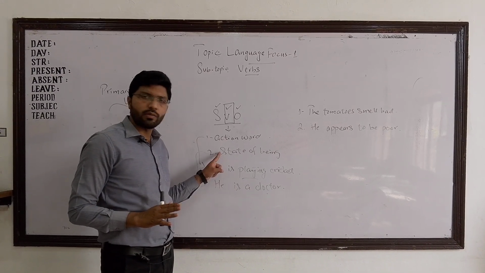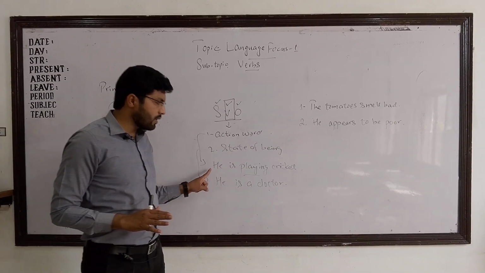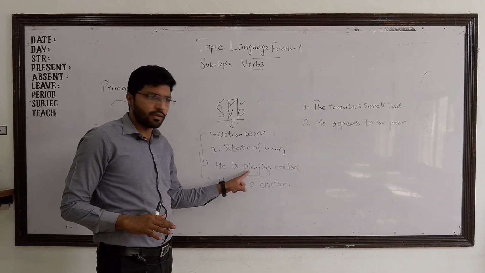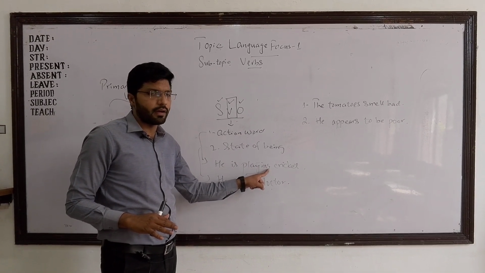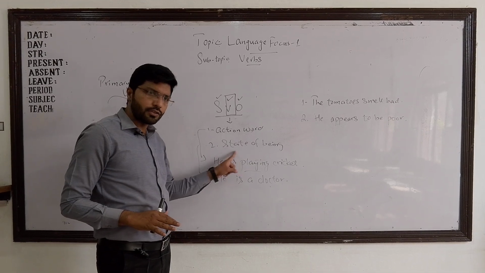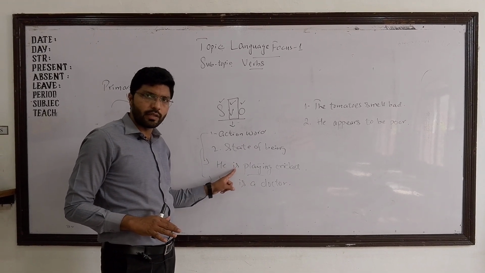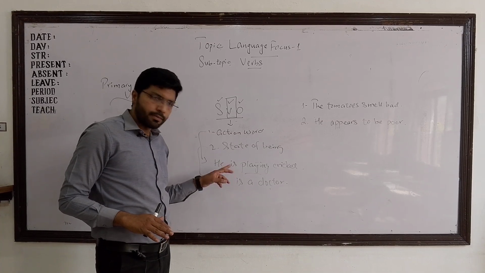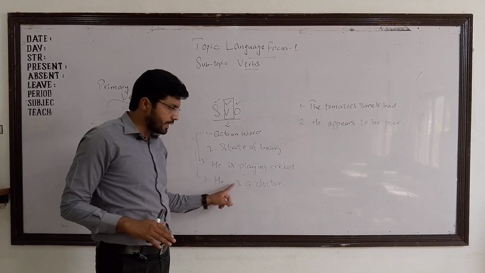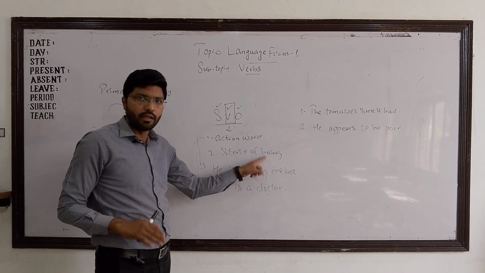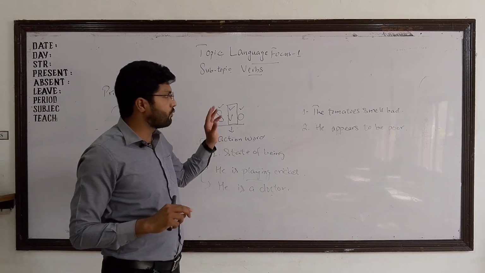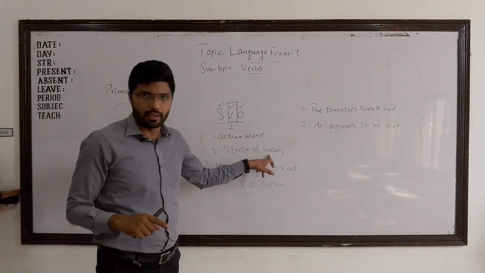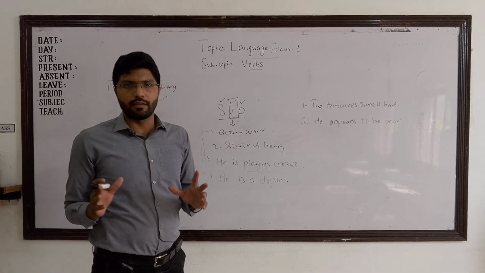It's telling us about a state of being. In the first example, is is supporting the main verb, the principal verb play, with the addition of ing. So the function of is over here is an auxiliary verb, a helping verb. It's not performing a function in the second one. That's why we say it's a state of being. So that's what I told you, that verb is more than an action word. This is a state of being, which shows a link.